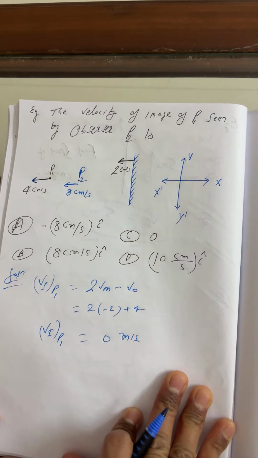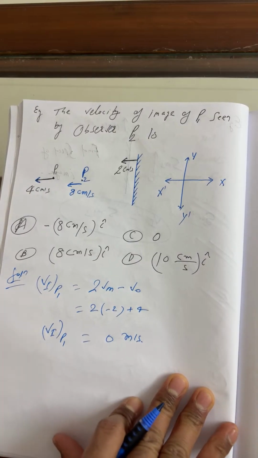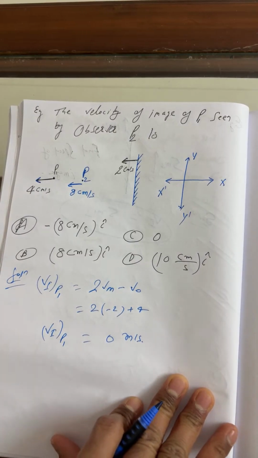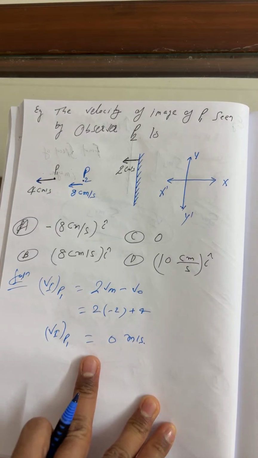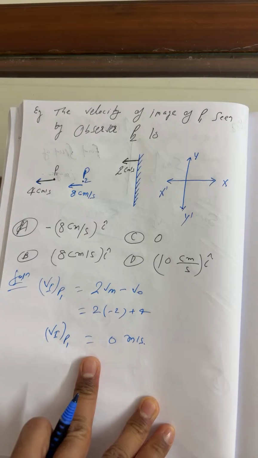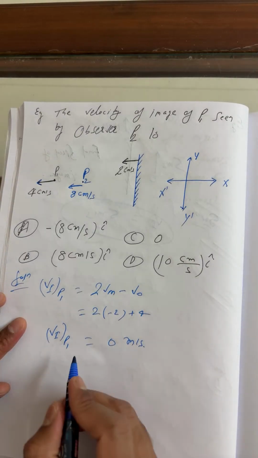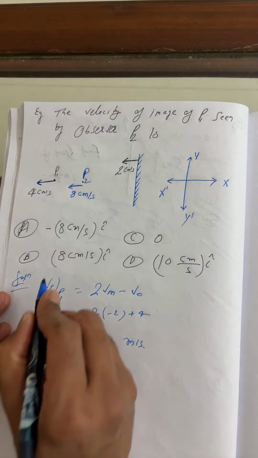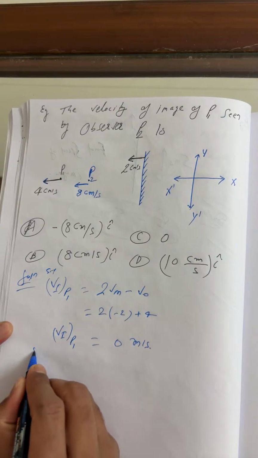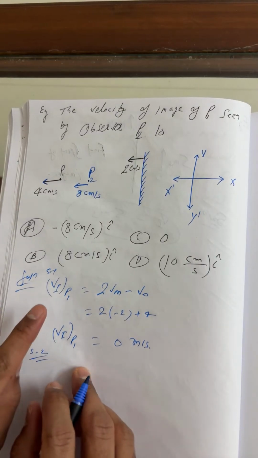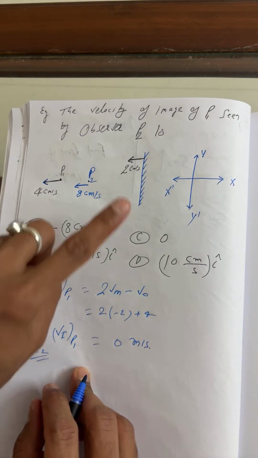Okay, fine. Now for this question, we can also find the velocity of image with respect to P2. Take my idea, step 1 for these questions, because this is what we found: velocity of image of P1 with respect to mirror.